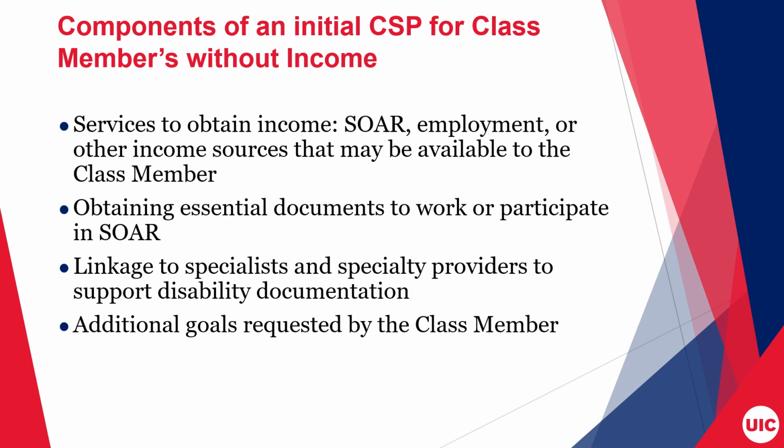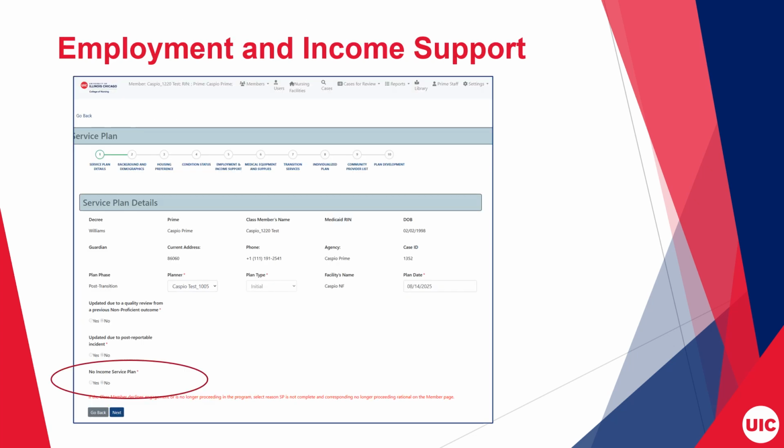Once a class member obtains income, the CSP must be updated within 30 days to address all transition needs. As a reminder, to indicate that a CSP is for a class member without income, care managers should select Yes in the No Income Service Plan section on the Service Plan Details page.